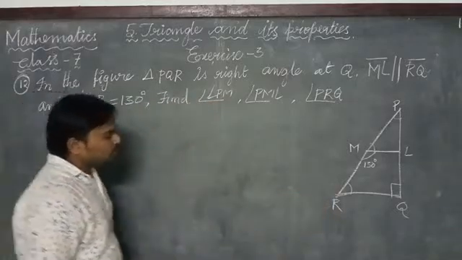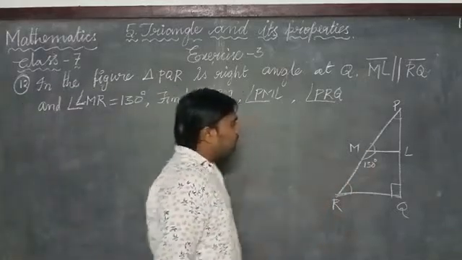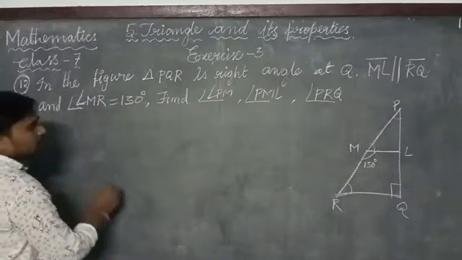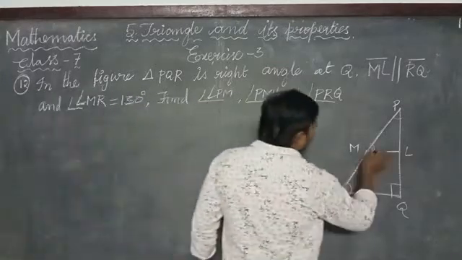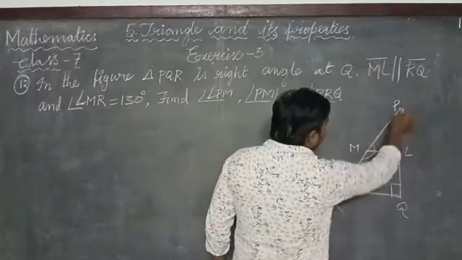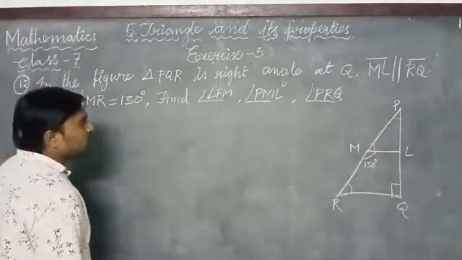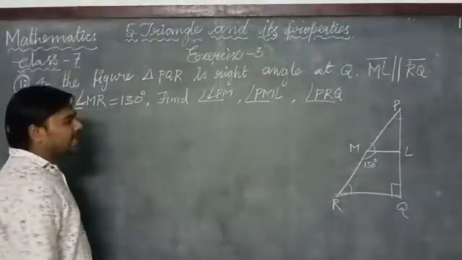Now initially, angle LMR and angle LMP are a linear pair of angles. The sum of linear pair angles is 180 degrees.